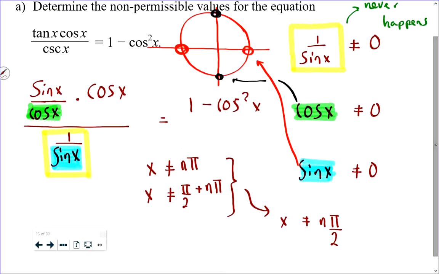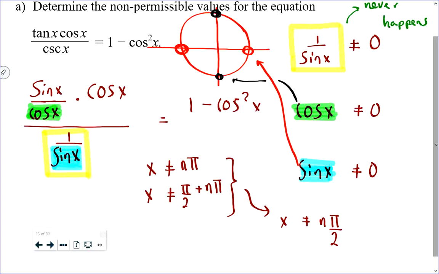Because if you look at that circle I've drawn, this is 0 pi over 2, 1 pi over 2, 2 pi over 2, 3 pi over 2, 4 pi over 2, 5 pi over 2, negative pi over 2, negative 2 pi over 2, etc. So those are the non-permissible values.